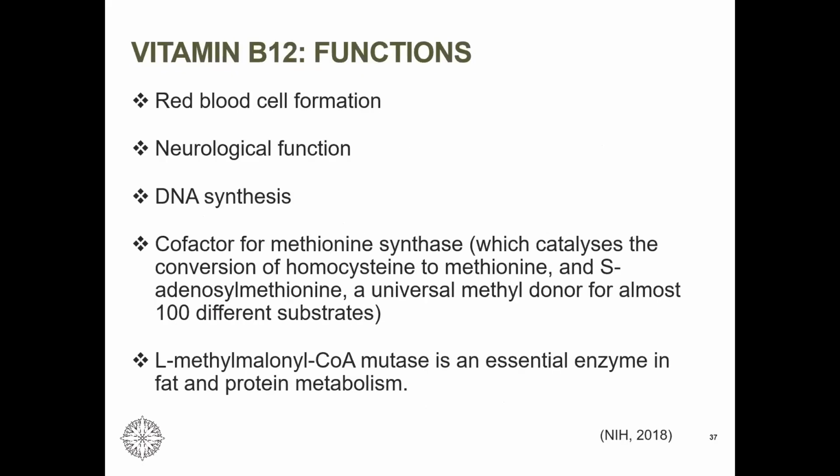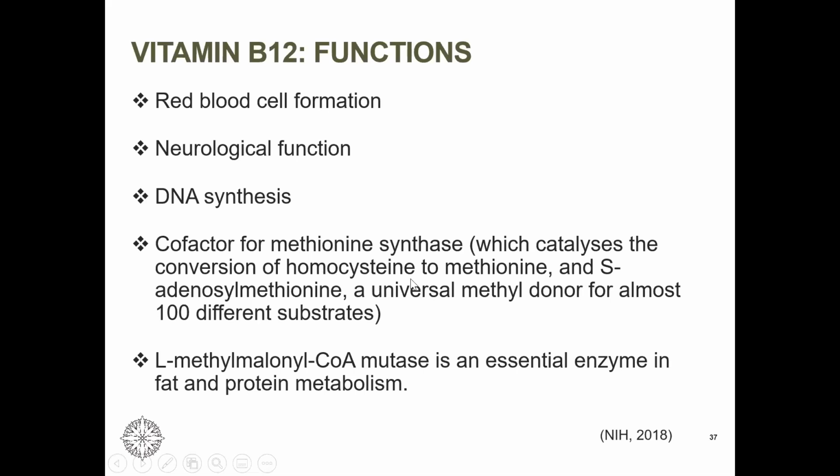Functions: it is important for erythropoiesis. It is really, really important for neurological function. Then it is necessary for synthesis of purine as well as pyrimidine. It is important for epigenetic mechanisms, that is methylation.